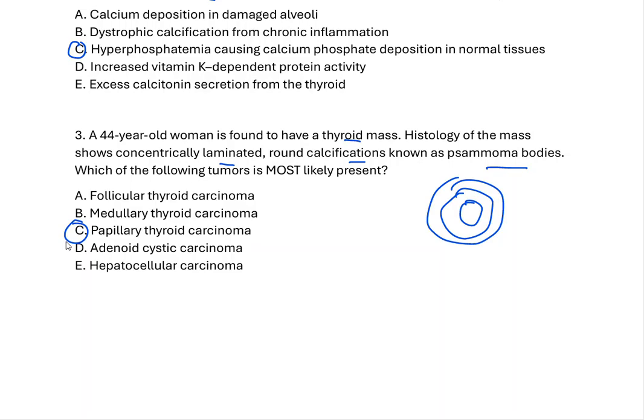And remember, one of the main risk factors for papillary thyroid carcinoma when you are reading the question is going to be exposure to radiation. So somebody who has prior exposure to radiation now develops a thyroid mass and has Psammoma bodies or Orphan Annie tiny nuclei, think of papillary thyroid carcinoma.